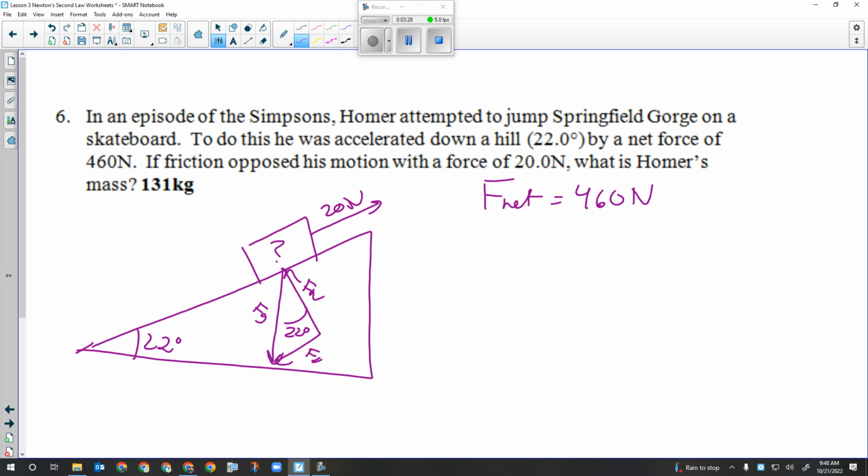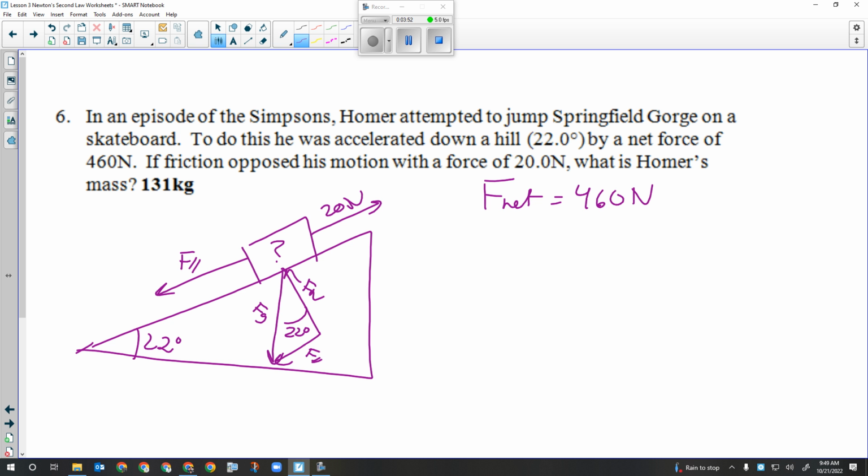I don't have the acceleration, so I can't just go F net over acceleration to get mass. Agreed? Since I know what the sum of all the forces is, can I get this force with that? I can, because those are really the only two forces we're concerned with.